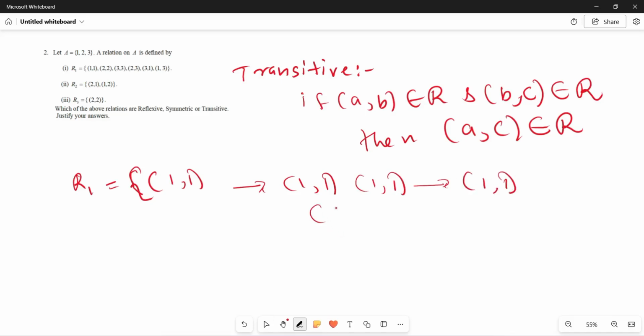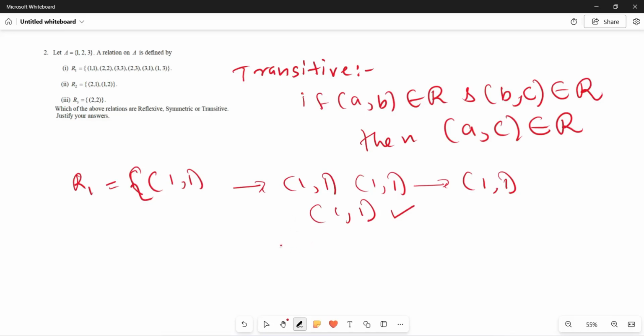That means if it is ending with the same thing, we can say it is transitive. Okay, the similar numbers, if those are present, those are transitive. Like that, (2, 2) is also transitive, (3, 3) is also transitive in relationship 1.